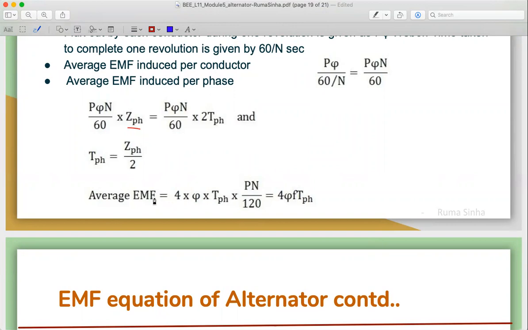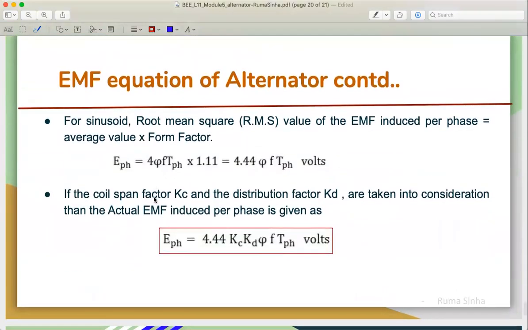Because we are talking about generated AC, AC is expressed in terms of RMS value. So instead of expressing in average value, we need to express in RMS value. From the definition of form factor, the RMS value of induced EMF per phase is equal to the average value per phase multiplied by the form factor, because form factor is RMS value by average value.